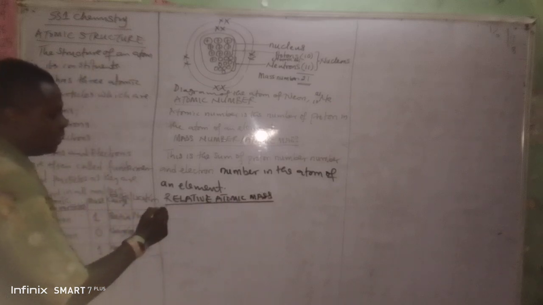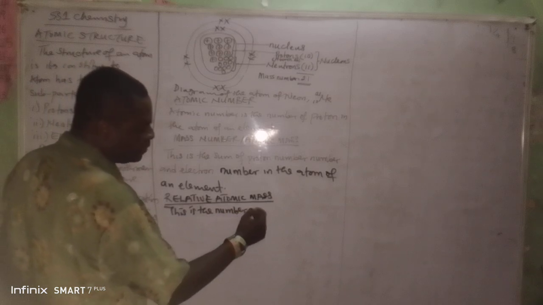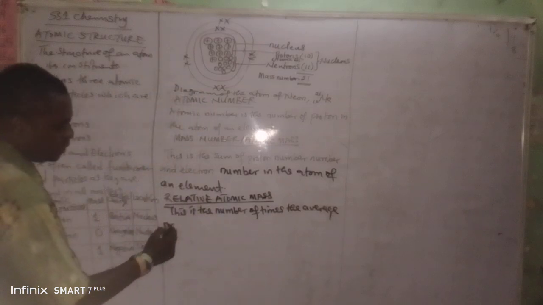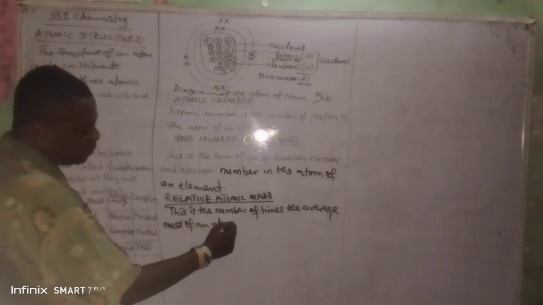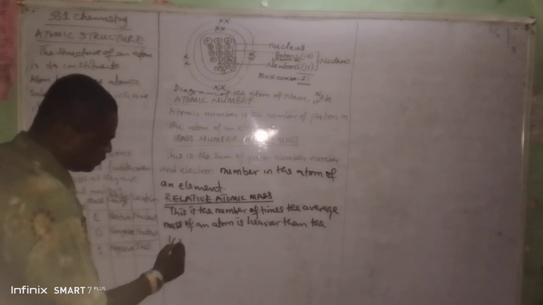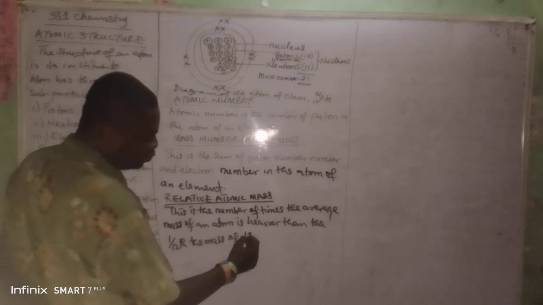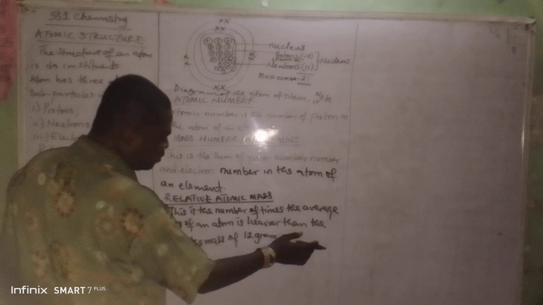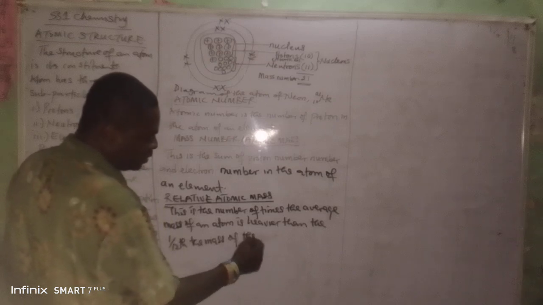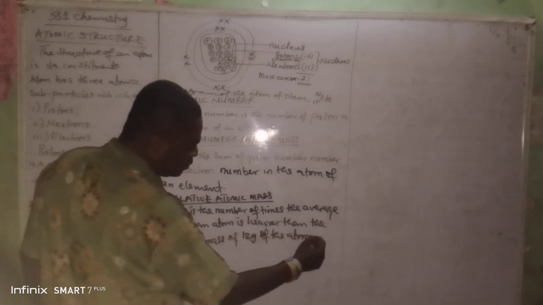Relative atomic mass is the number of times the average mass of an atom is heavier than 1/12 the mass of the atom of 12 grams of carbon 12.